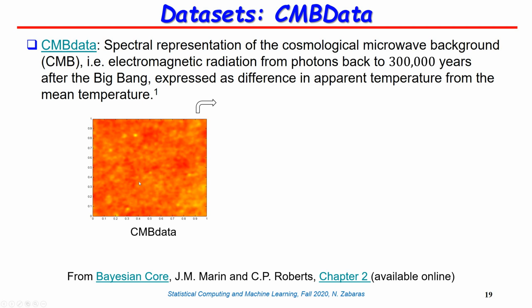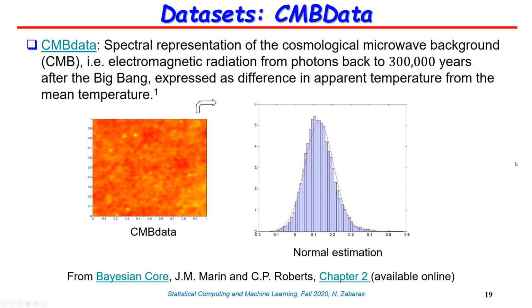Okay, and so what we would like is to take this data and try to fit a Gaussian. And so if you take all this pixelized data and you do again the maximum likelihood estimation that I will discuss later on for the Gaussian, then you can fit a Gaussian, and you can see that Gaussian is a very nice fit to the histogram of the data that you see on the left hand side.